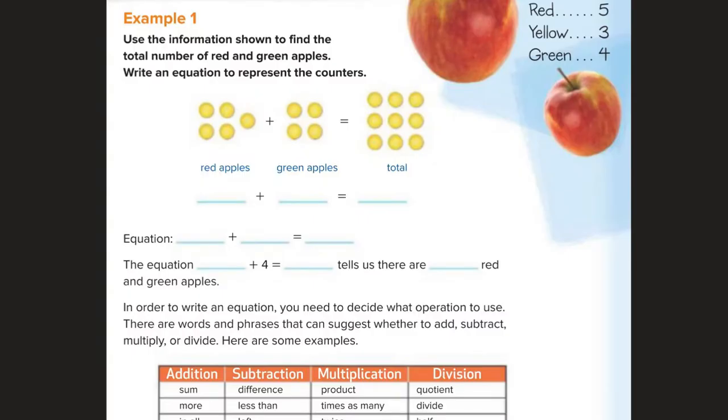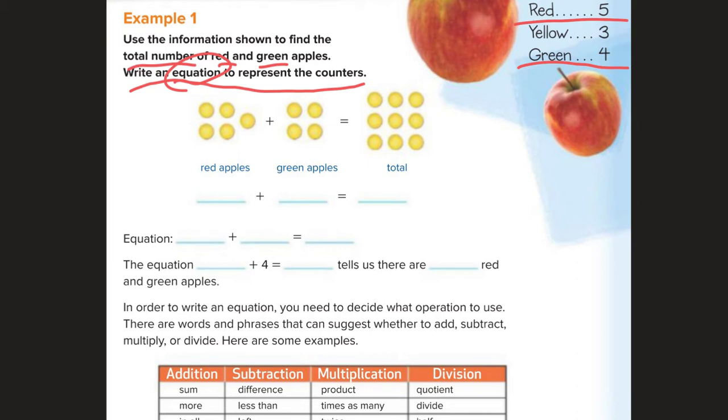All right, so example 1 here says, use the information to find the total number of red and green apples. Write an expression to represent the counters. Sorry, not expression. We've been talking expressions. Write an equation. So now we want our equal signs in there. We want red and green.